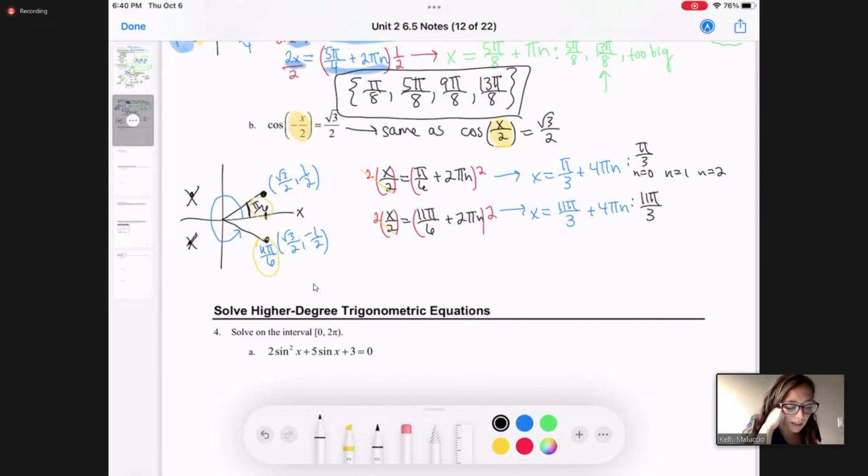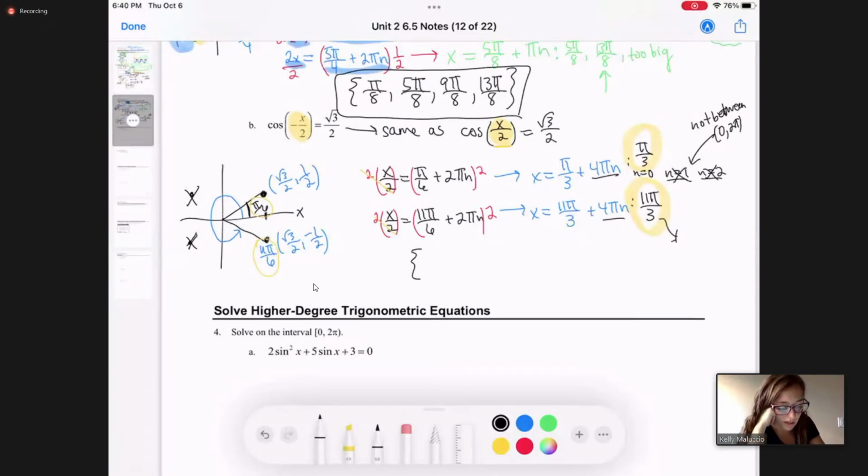Before I even go on, I don't need to find n equals 1 or 2 because I'm adding 4 pi and I want my answers between 0 and 2 pi. You might think my answer is just these two, but 11 pi over 3, how big is that?